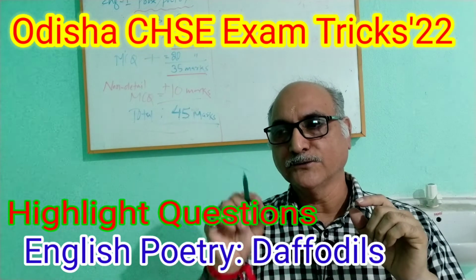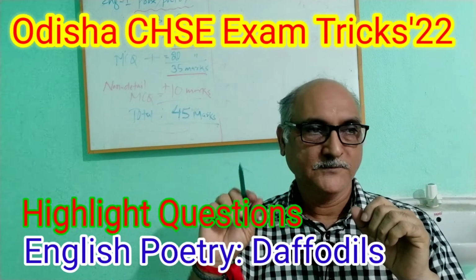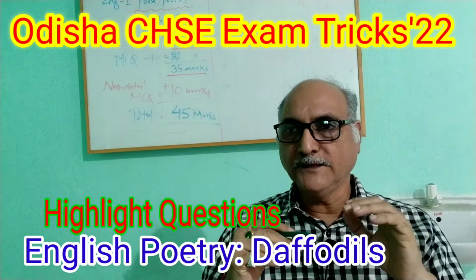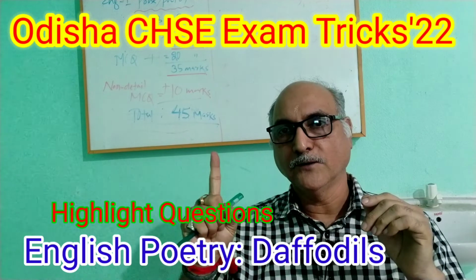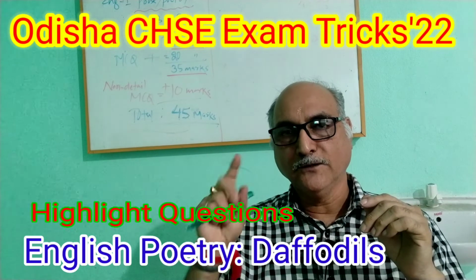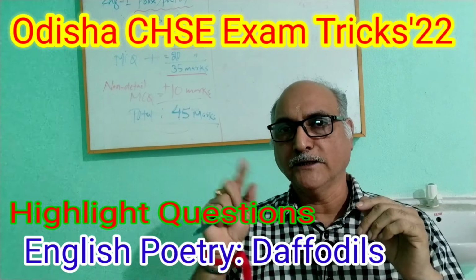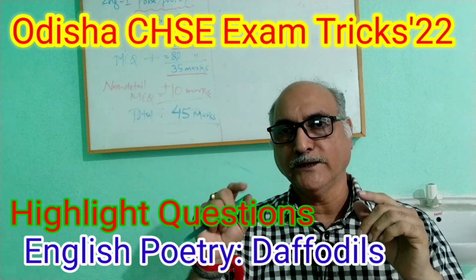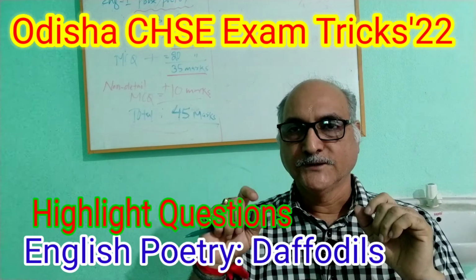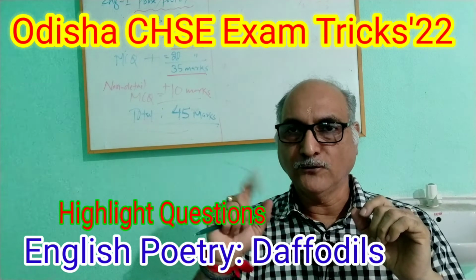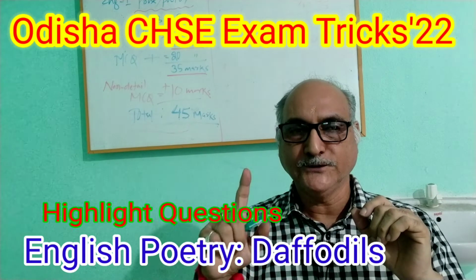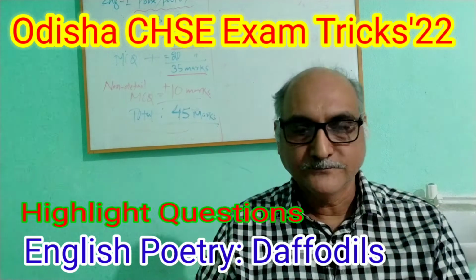Resemblance means looks the same. So here the resemblance is brought between the stars and the daffodils for 2 points. Number 1, large number. Number 2, continuity. Another word you also remember to put there, twinkling. So it's a nice comparison he has made. We have to focus on this. This question is likely to come in the examination.